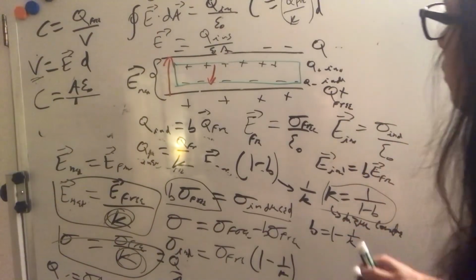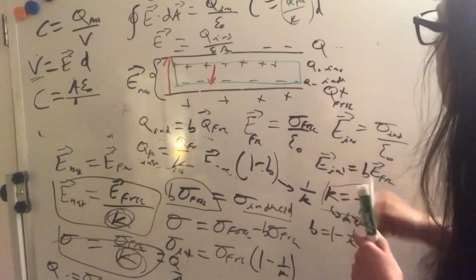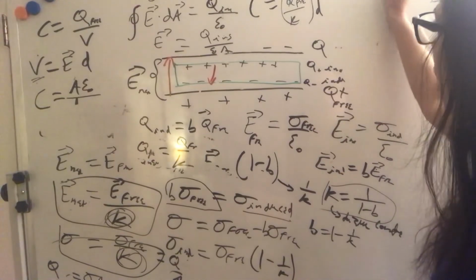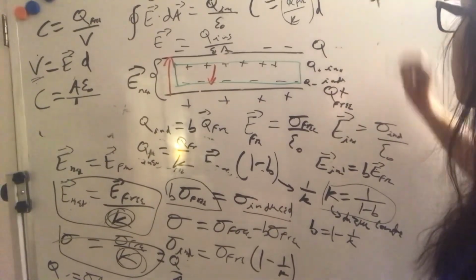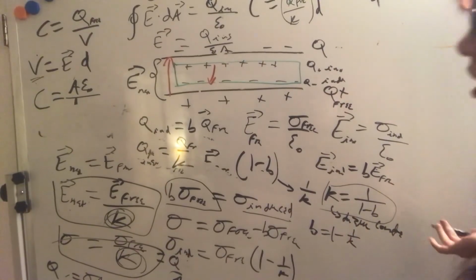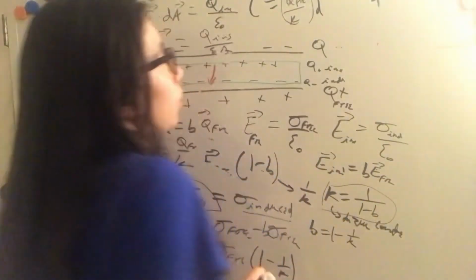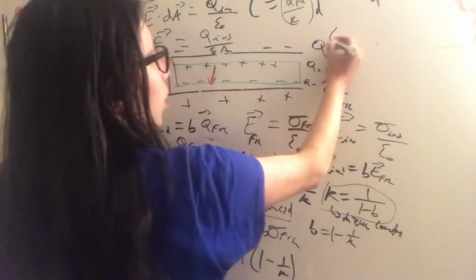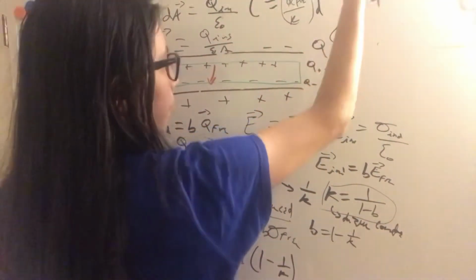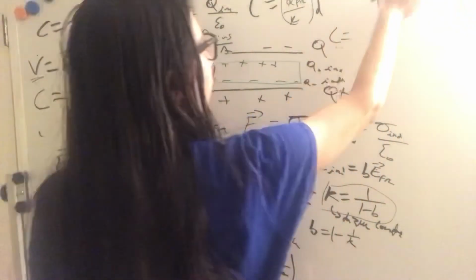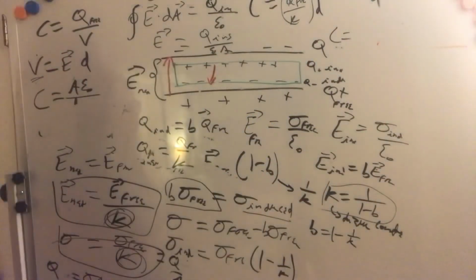So I have that the capacitance is epsilon naught times area times the dielectric constant divided by the distance. So this new capacitance is exactly the capacitance that we had before, epsilon naught times area divided by the distance, but now multiplied by this K constant, the dielectric constant.